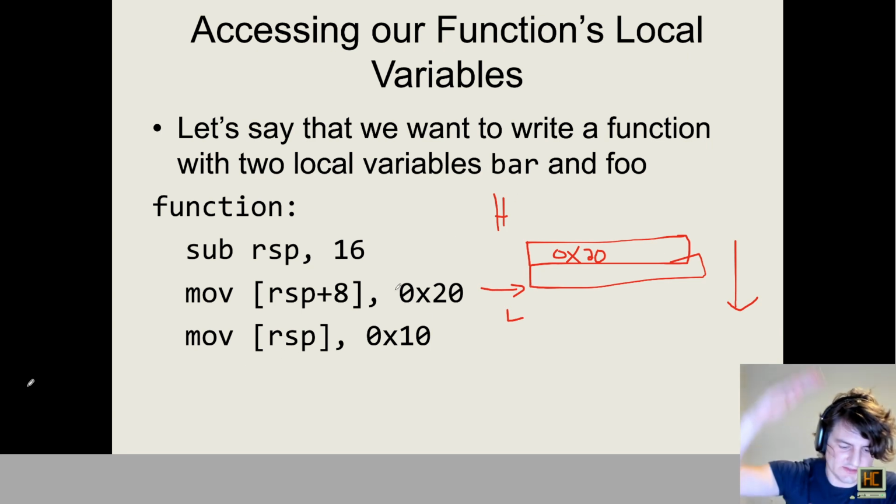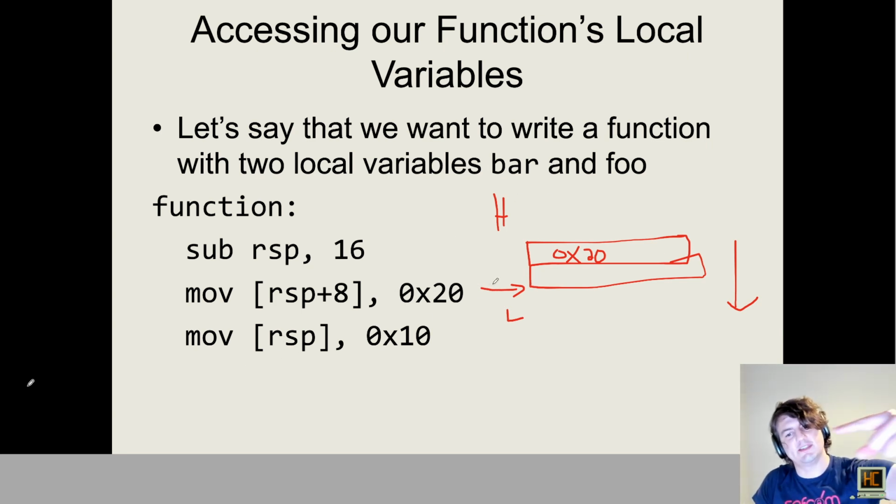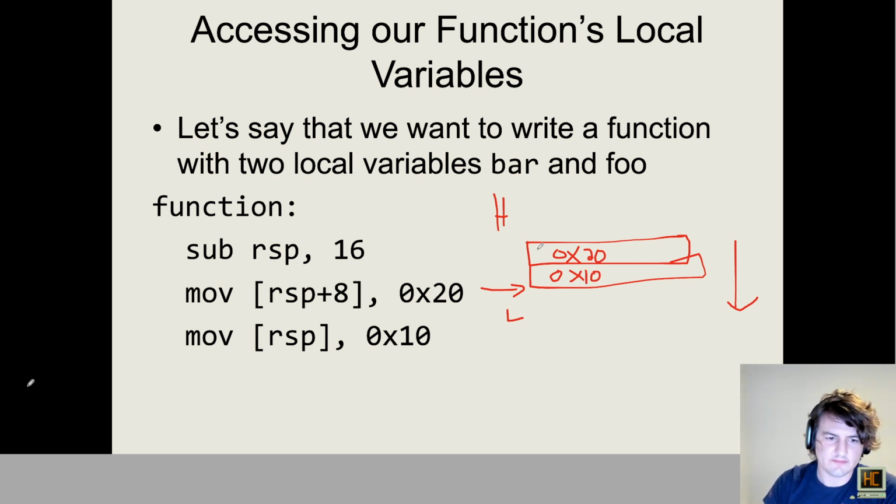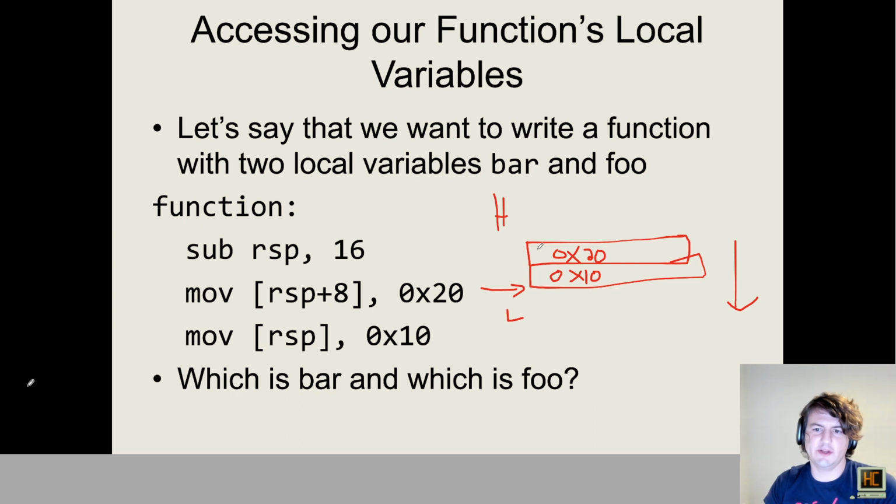So there's no plus 8, so there's no shift. We know based on this diagram that the value in RSP points to wherever this arrow points. So we do 0x10. And so which of these values is bar and which one is foo?